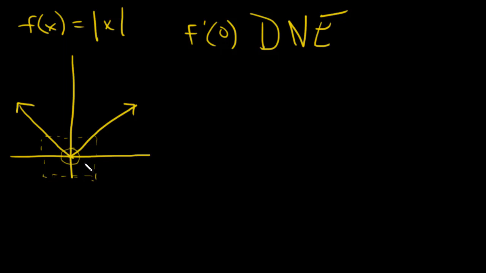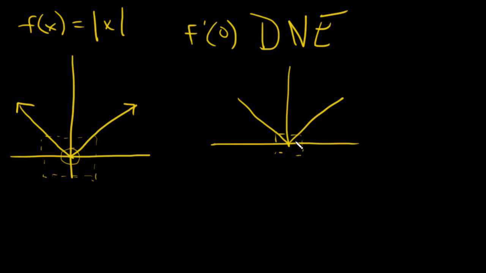Why doesn't it exist? Well, if I zoom in on it, I get the same thing. And I zoom in on that, and it's the same thing, and same thing. No matter how close I zoom in, it never settles down to an actual value.